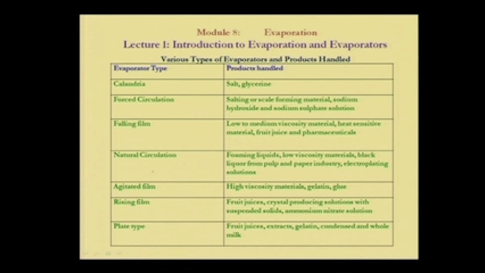For forced circulation, it is salting and scale forming, such as sodium ions and sodium sulphate solutions. The agitated film is for high viscous material like gelatin or glue, similar to the plate type. Rising film and falling film are used for low to medium viscosity materials, and fruit juices and so on.